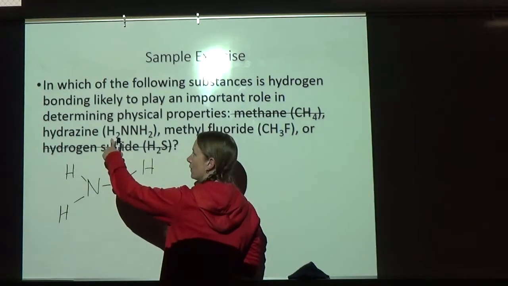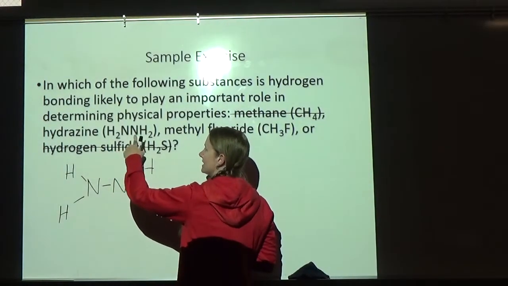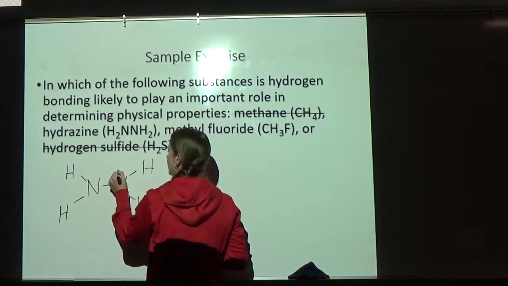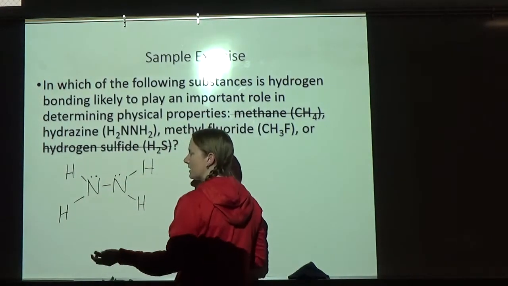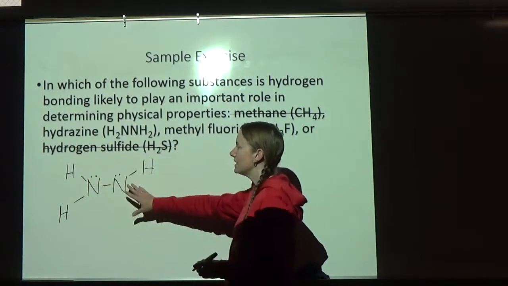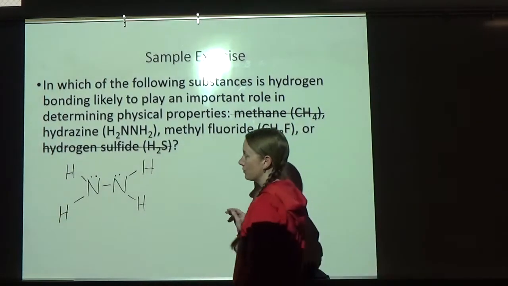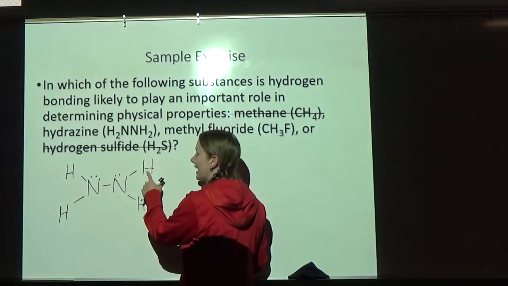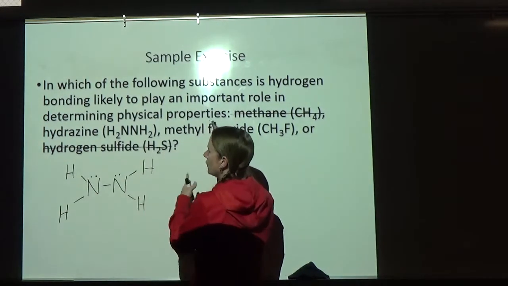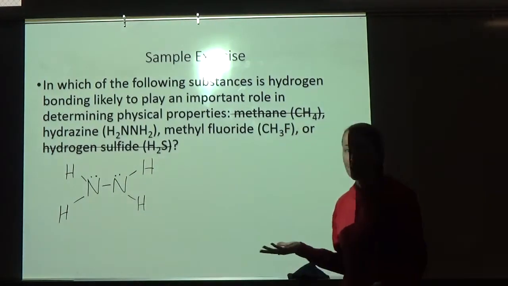I have 2 for hydrogen, I have 5 for each nitrogen, so that's 10 plus the 2 is 12, plus 2 is 14. Once I make everybody stable, I'm allowed to have 14: 2, 4, 6, 8, 10, 12, 14. So this is what it's going to look like, not in its 3D form. Notice I did not draw it 3D yet. But you can see that the H is clearly bonded to the N, so if another hydrazine molecule came up, the H could attract to the N on that one.